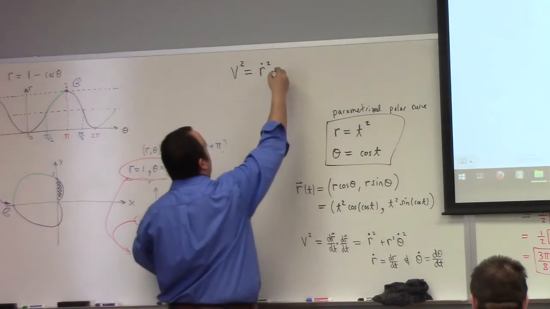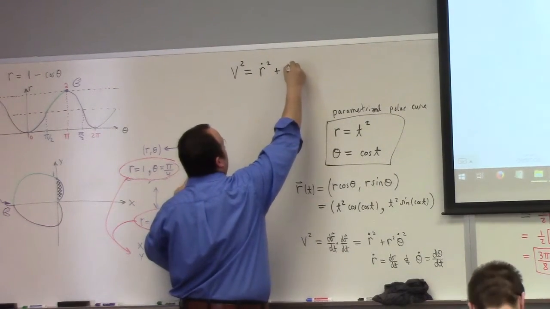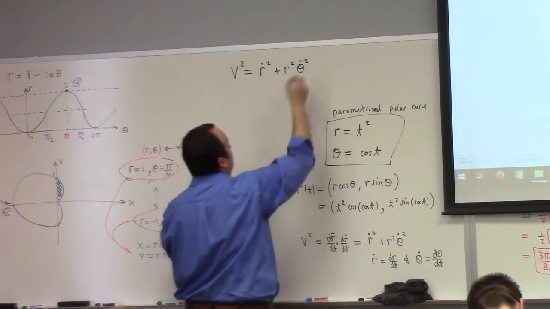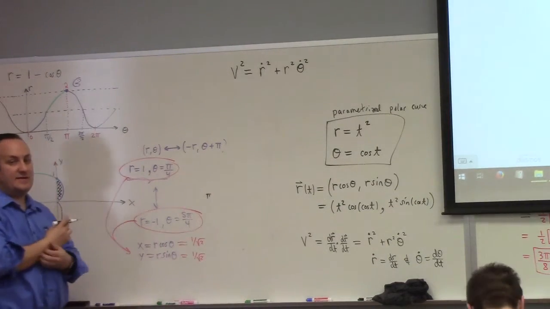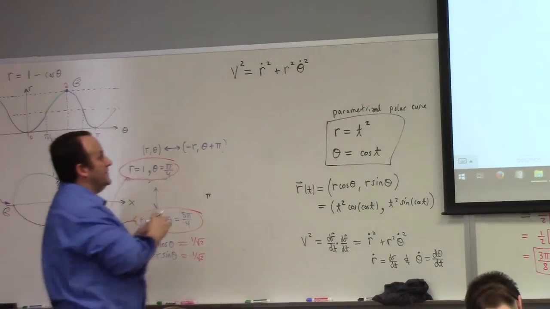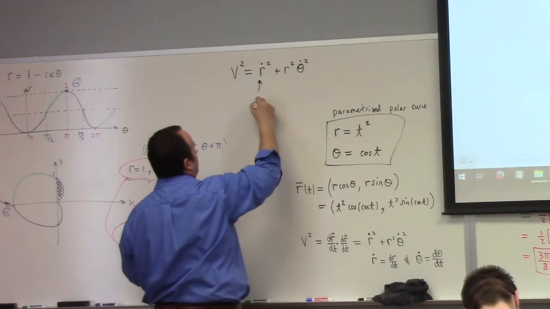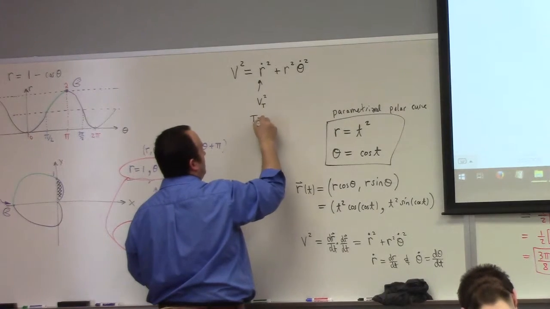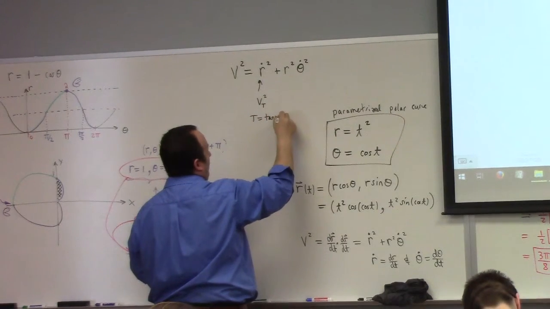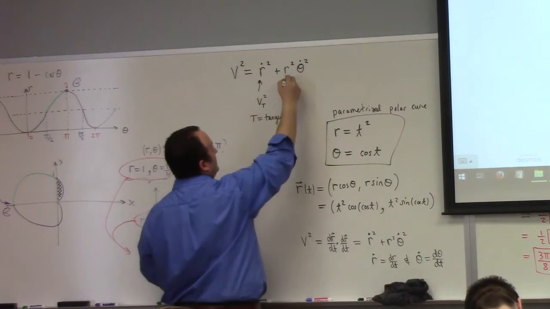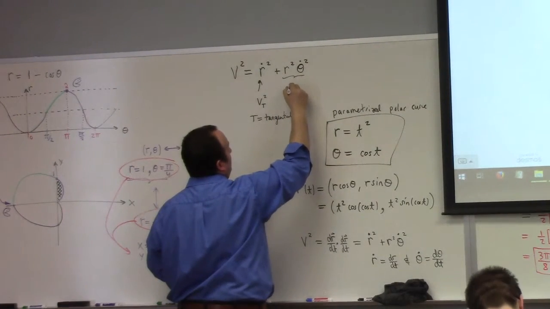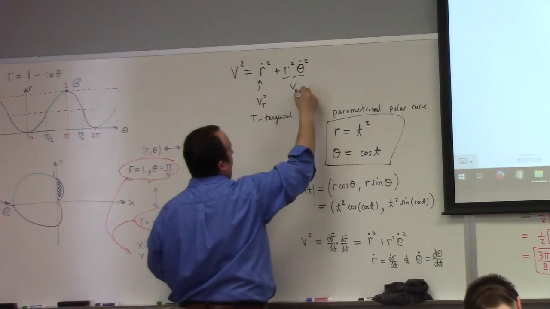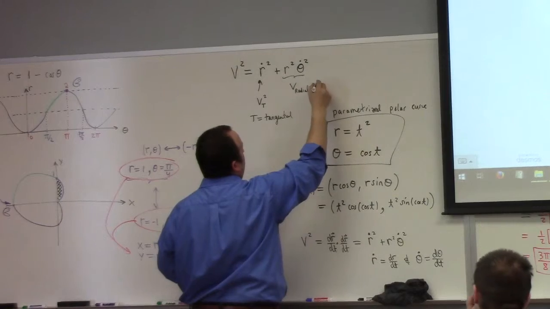A lot of you are taking physics 231 right now, right? So just to connect back to that course momentarily, this would be the tangential component of the velocity squared. This, if you remember the radial part of the velocity, is equal to, oh, I'm sorry, other way around.